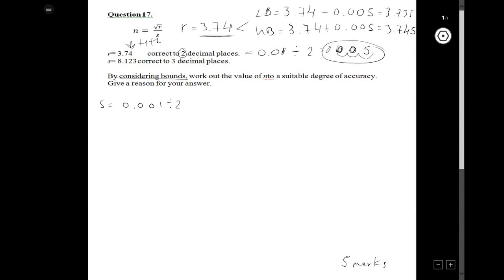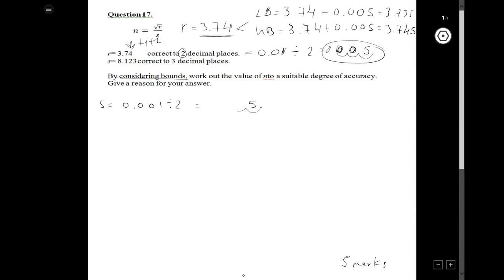So 0.001 divided by 2. Again, super unhelpfully in standard form. So 5 times 10 to the power of minus 4. I'm going to write down my 5, and then I need to move the decimal point 4 spaces left. So I start here and I go 1, 2, 3, 4.